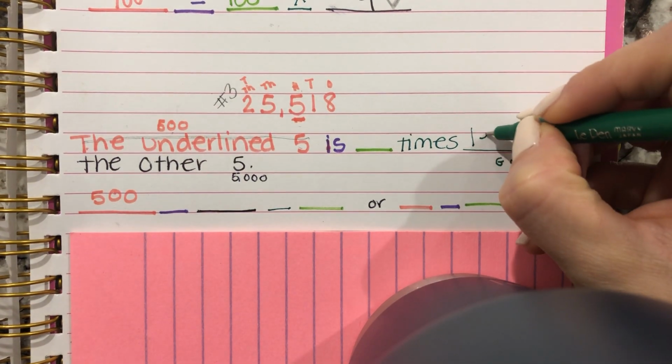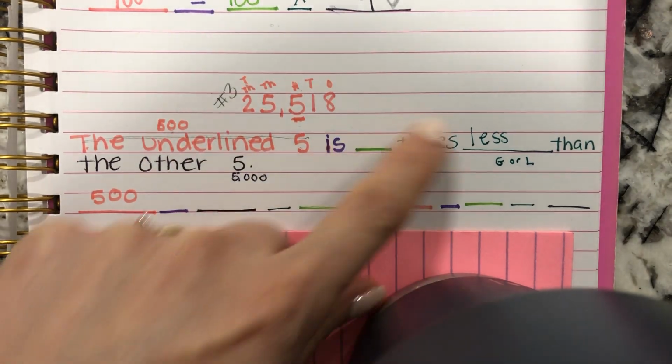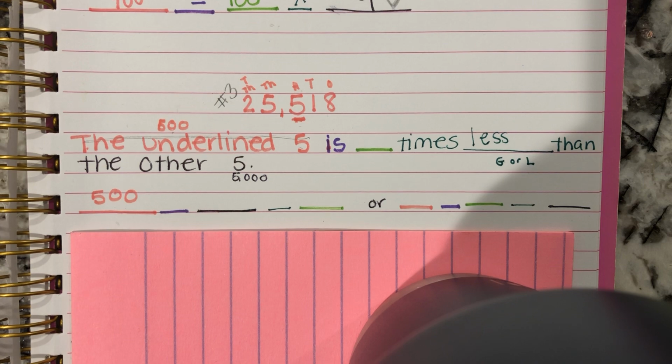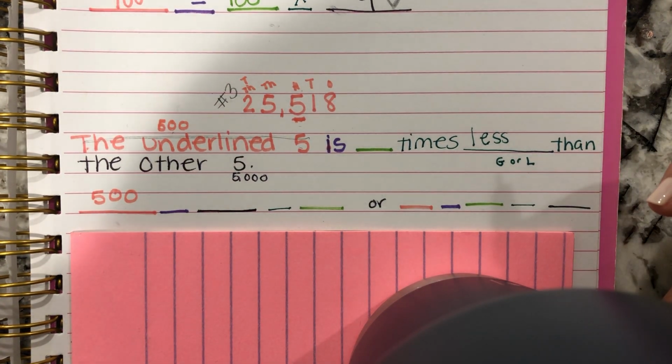This time it's less. We have the smaller number first. 500 is less than 5,000. I always want you to go back and check with the numbers and see if this word makes sense.